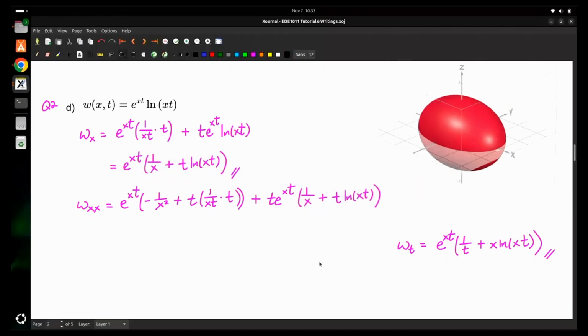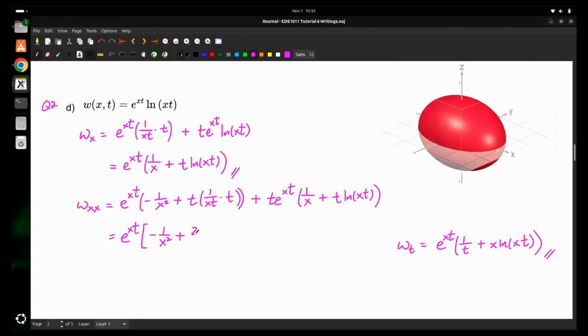Is that alright? Okay, so you can simplify this because you have an e to the xt here. So it's e to the xt, then big bracket. So this is a minus 1 over x squared. I think that's the only 1 over x squared term. So minus 1 over x squared. Then this guy looks like 1 over t times t, right? So this is t over x. And then there's another t over x here.